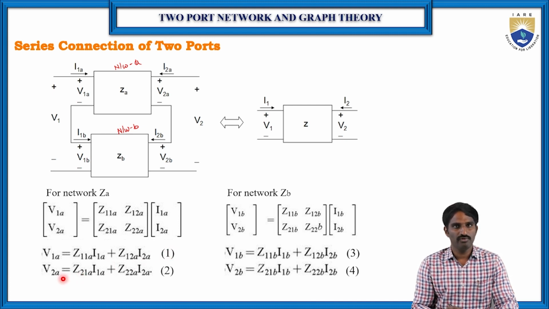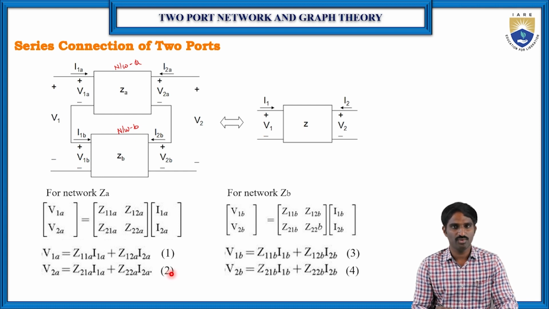And similarly the output voltage equation for the network ZA, V2A is equal to Z21A into I1A plus Z22A into I2A. So let us consider this is equation number 2.